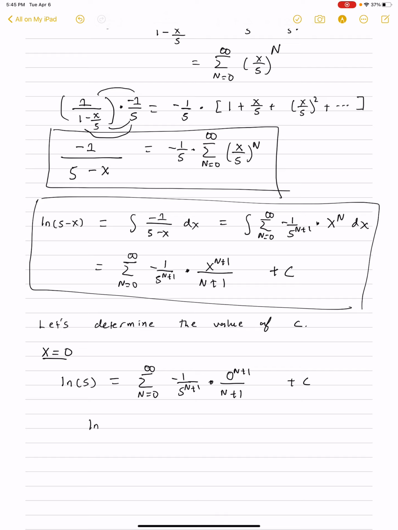So this says ln of 5 is this constant of integration. And now I'm going to take out that constant of integration right there, and put in ln of 5. This is the power series representation.